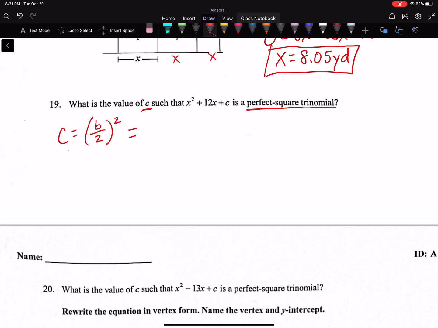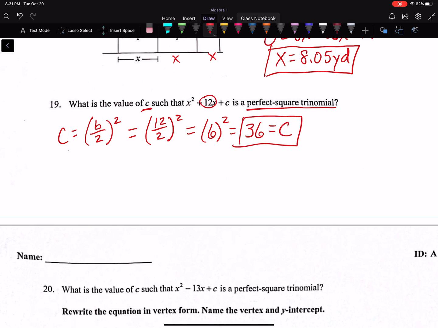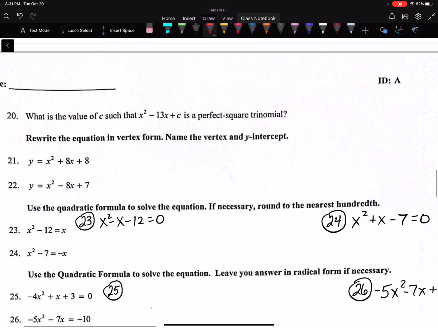In this problem, b is 12, so c is 12 divided by 2, squared. So that is 6 squared, which equals 36. That is the c that would make that a perfect square. That's all you have to do on 19 and 20. Same thing for the next one, ooh, it's a little tougher.